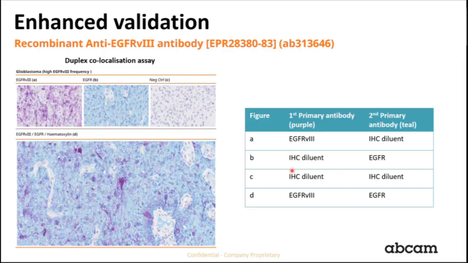C is the negative control, so it's just IHC diluent without any antibodies. And finally, D is where the tissue samples are stained for both the variant and EGFR. And so this further helped to confirm the EGFRvIII variant antibody specificity in the duplex co-localization assay.